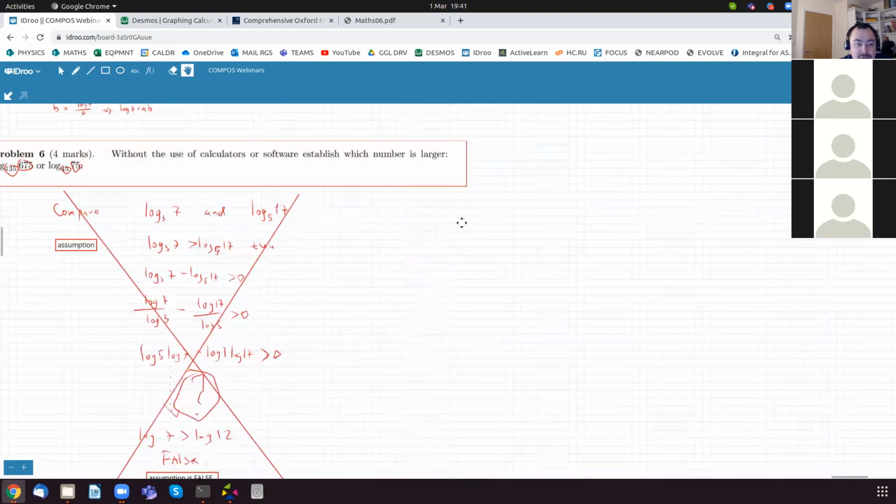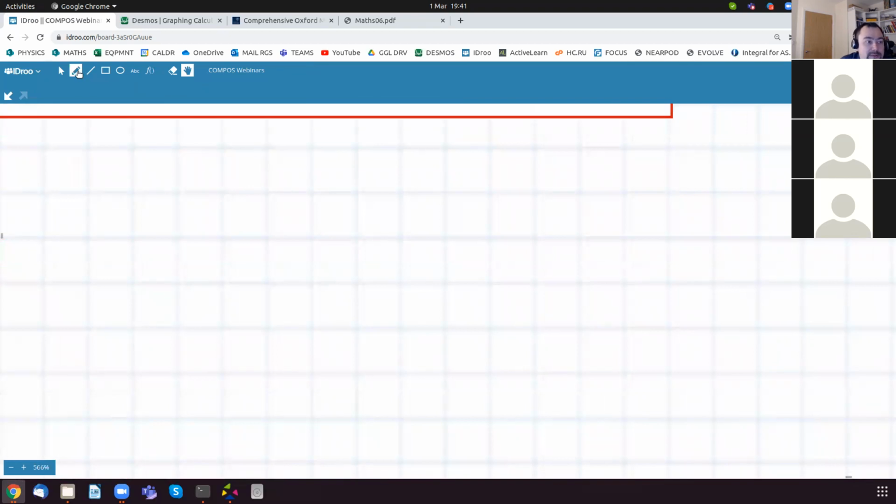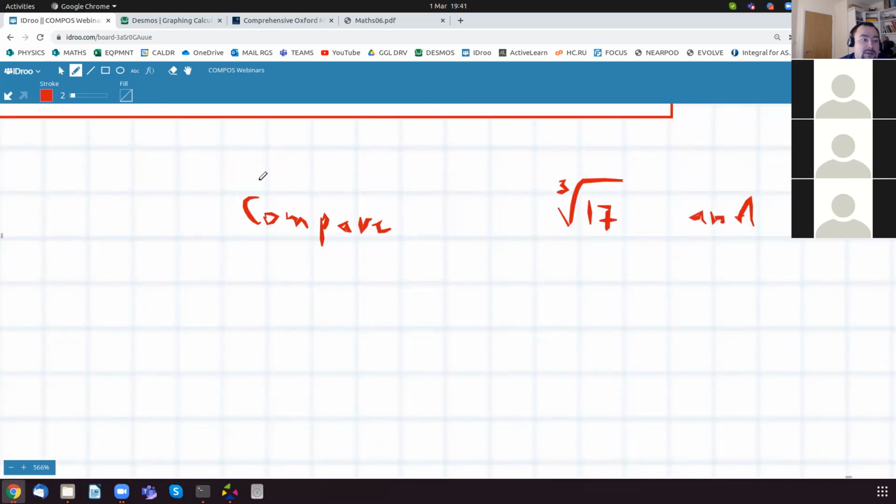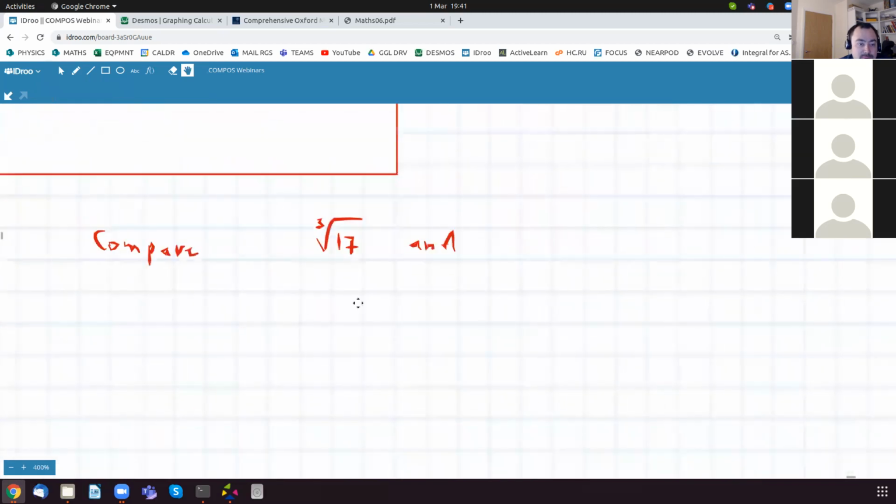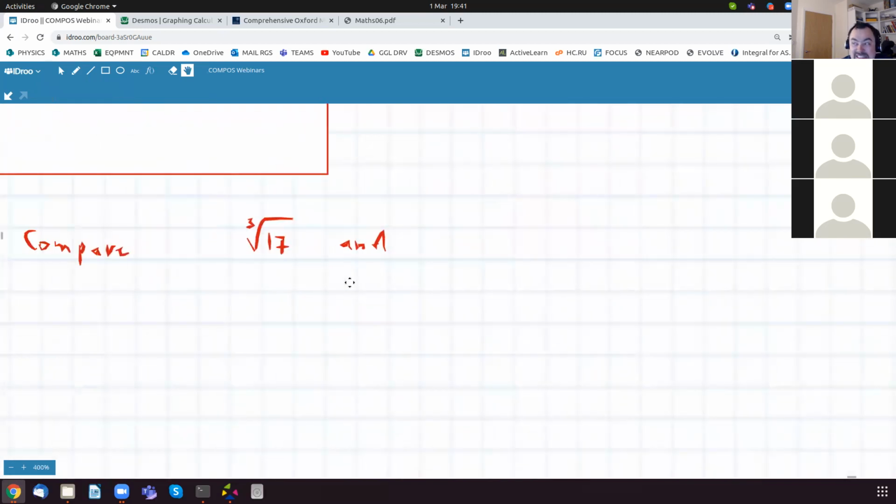I mean, you could do this, for example, compare cube root of 17, which is somewhere between 2 and 3, and square root of 7.